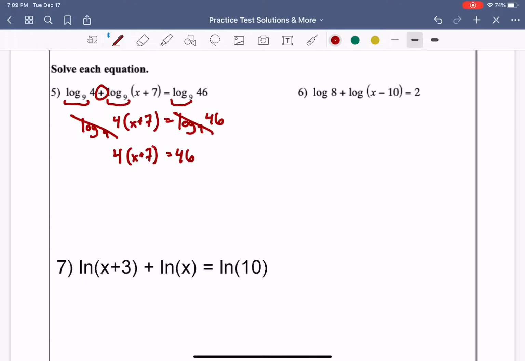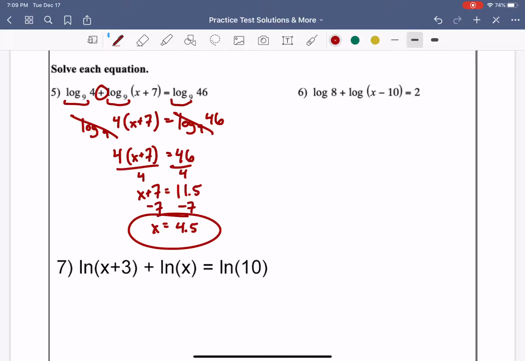Okay, so now we have 4 times the quantity of x plus 7 equals 46. We can divide 4 on both sides, so we get x plus 7 equals 11.5, and then minus 7 on both sides, so we get x equals 4.5. We only get one answer here because we had x plain.